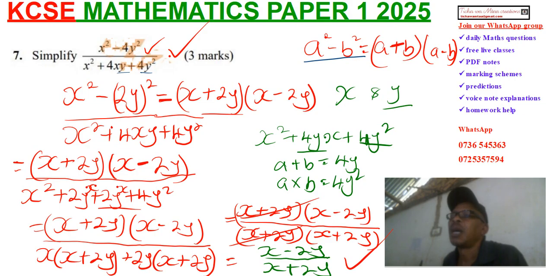So I think you understand that. So it is good to remember what you learned in Form 2, and that will help you solve this kind of question. Such questions have been repeated in KCSE, only they change a few things here and there. So the moment you understand how to solve this, if they bring a question like this one, you should be able to do it.